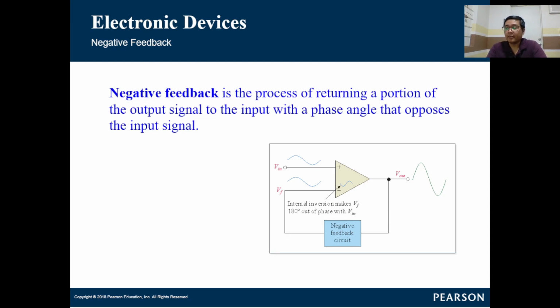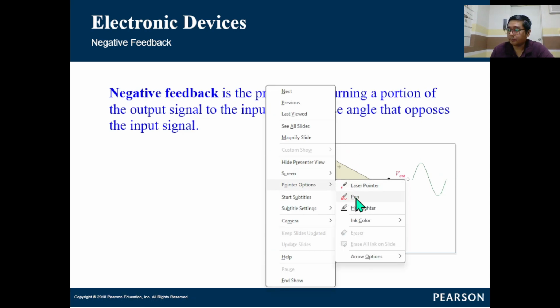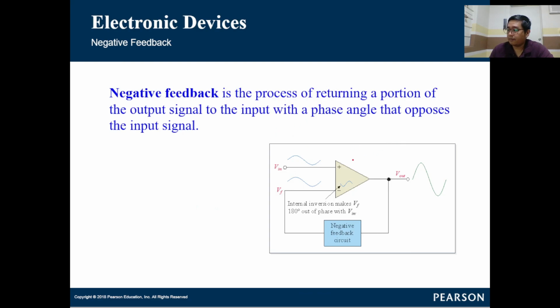So ibig sabihin, if we have a supply, perhaps, let's say we have supply of positive 12 volts, and let's say we have negative 12 volts for the supply. Kung meron tayong open loop configuration, yung output natin ay maglalaro sa pagitan nitong 12 at negative 12 na to.